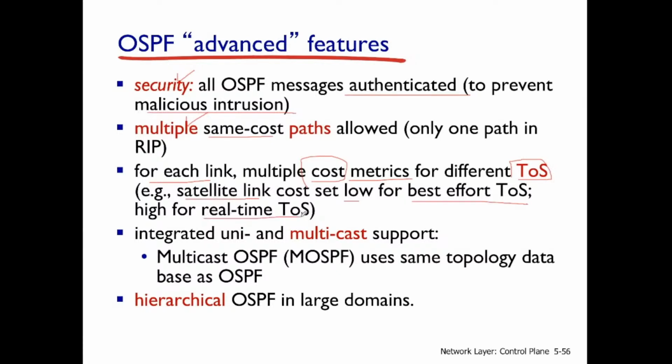On the other hand, if the data is real time, then set the satellite link cost high. Therefore, we avoid choosing the satellite link along the path to deliver the real-time data. And OSPF also allows integration of unicast and multicast.